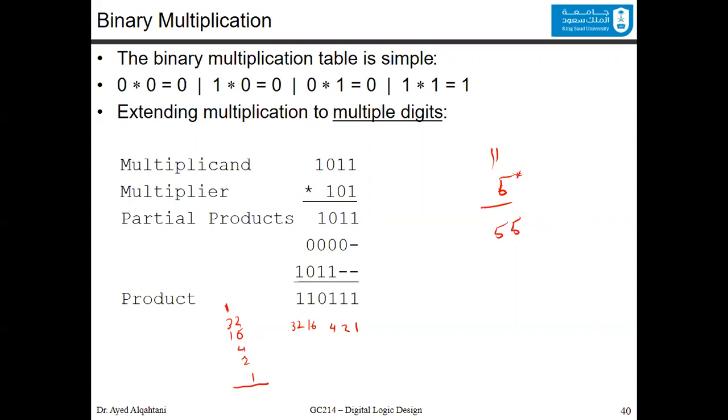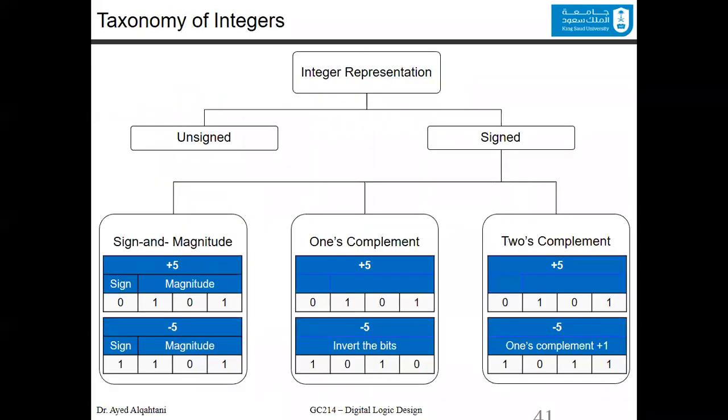And you have 2 plus 2 plus 1, which is 5. And 3 plus 1 plus 1 is 5. Or you can use your calculator to add these numbers. It's also correct. So this is the correct result. And we will stop here and we will continue from this slide next time.